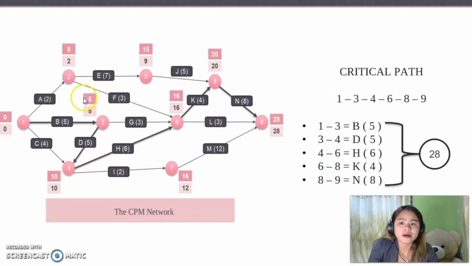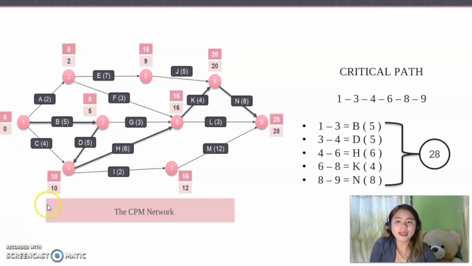So the earliest start time of our ending activity minus the earliest start time of our starting activity is equal to the duration. Now, 5 minus 0 is equal to 5.